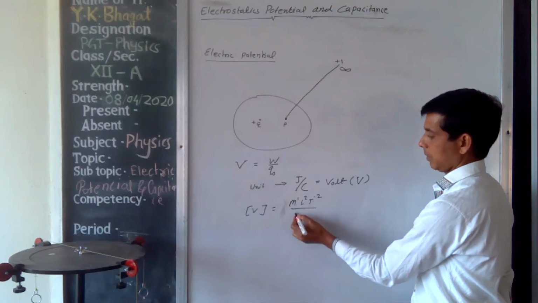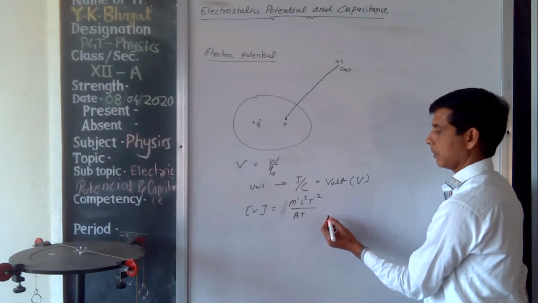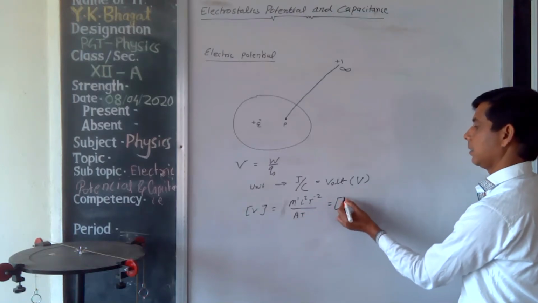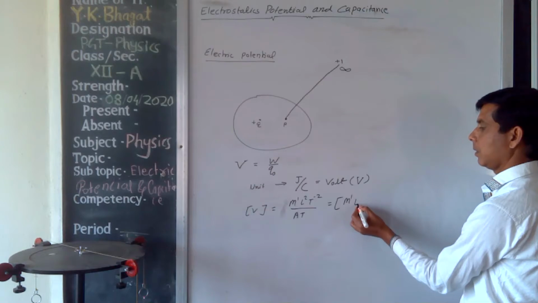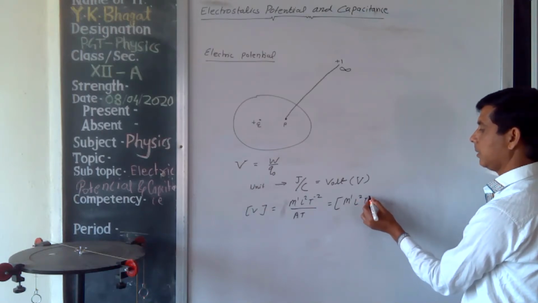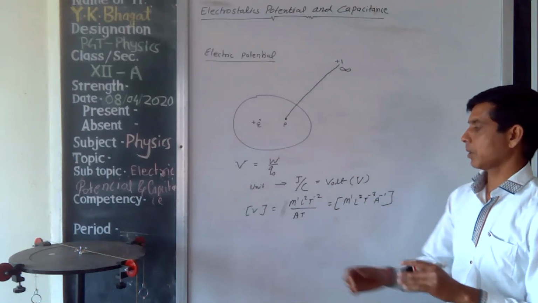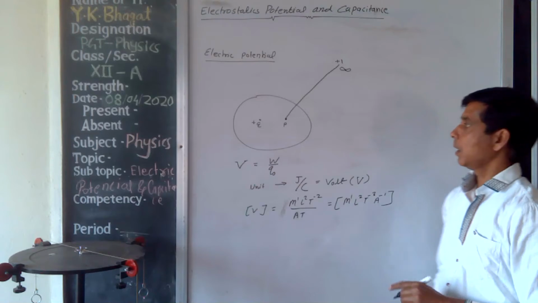For current the dimension is taken as A and for time T. Then finally the dimension will be M1 L2 T minus 3 A minus 1. This is the dimension of electric potential.